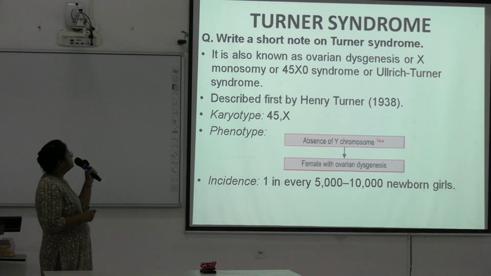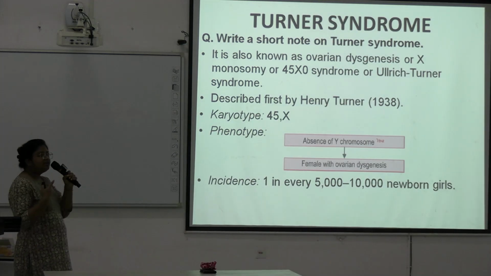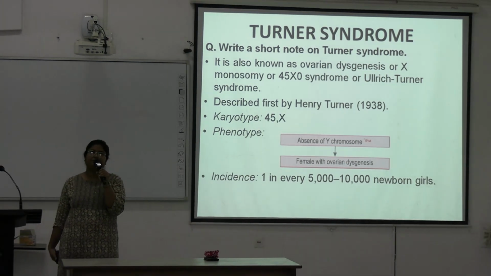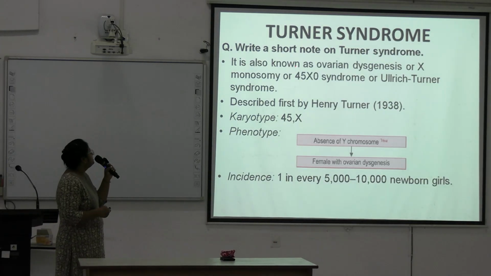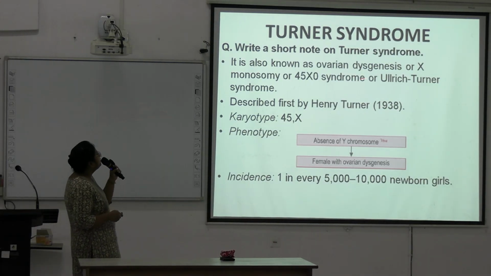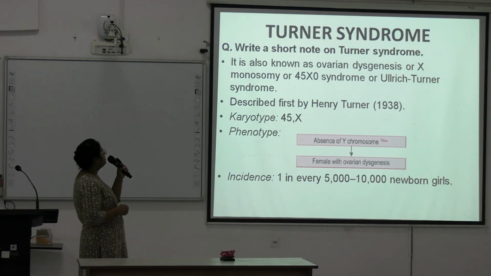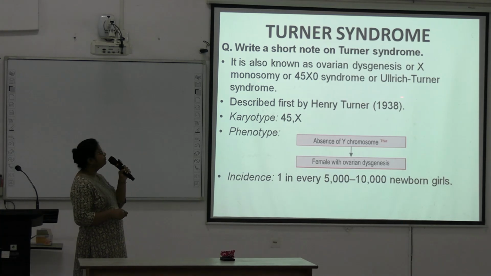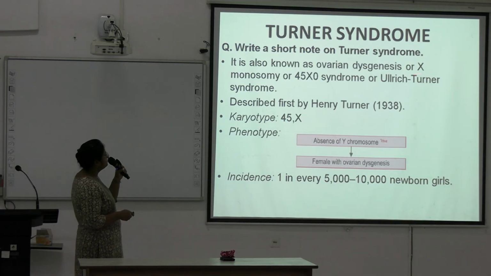Okay, so Turner syndrome. These are also important short notes: Turner syndrome, Klinefelter syndrome. Turner syndrome is also known as ovarian dysgenesis, X monosomy, 45,X0 syndrome or Ullrich-Turner syndrome. These are the alternative names.